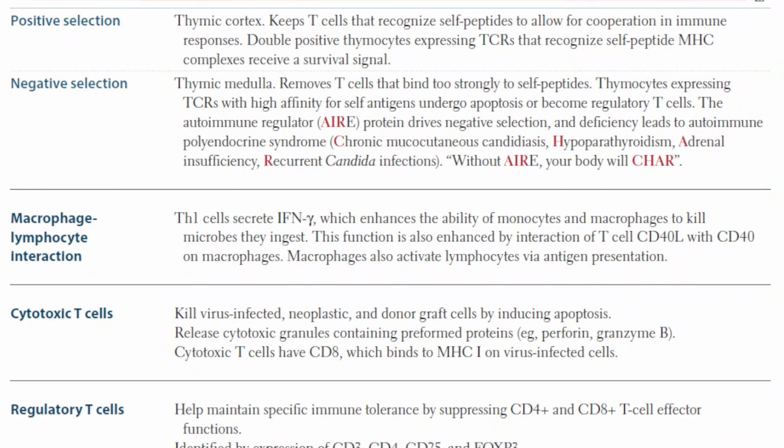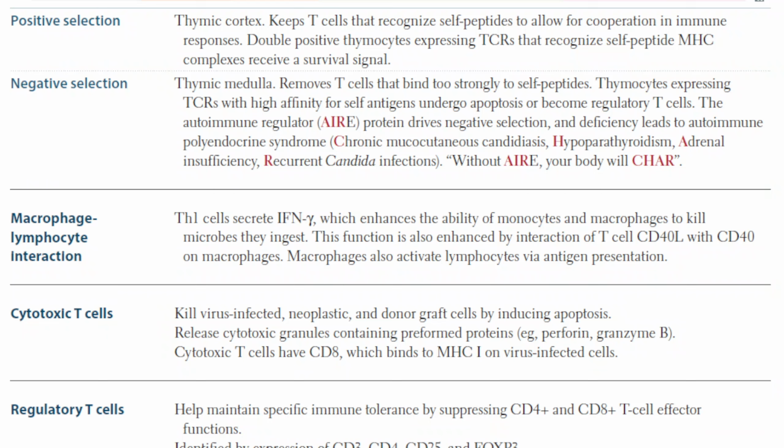Remember, the autoimmune regulator protein drives negative selection. If negative selection doesn't work perfectly, then you very likely will have one of those diseases.